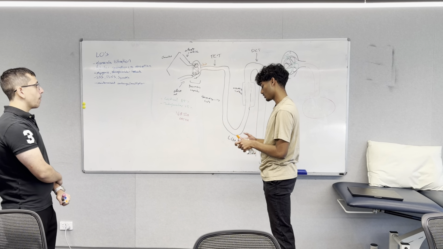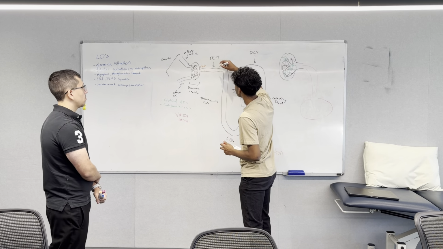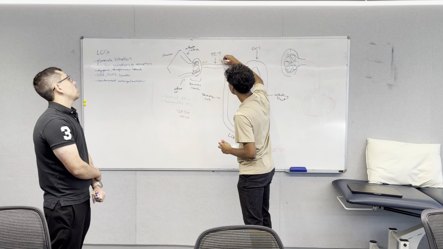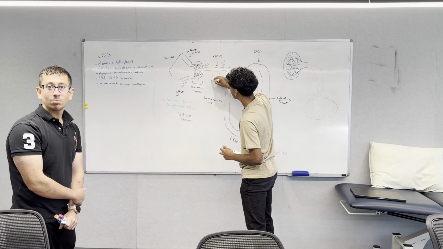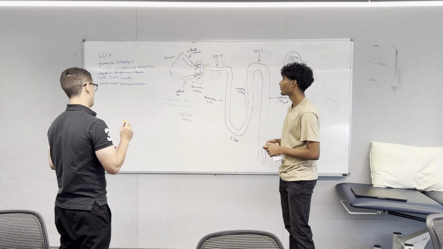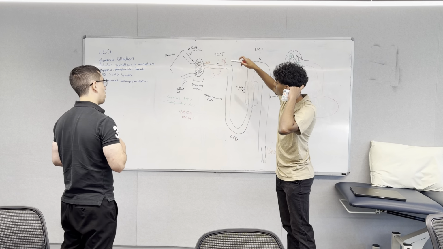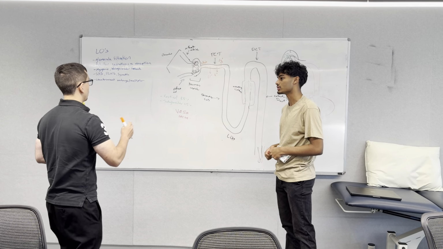So over here, I'll draw it in. Just the main ones that we need to know. Obviously, other stuff will follow, but those are the main ones you need to know.